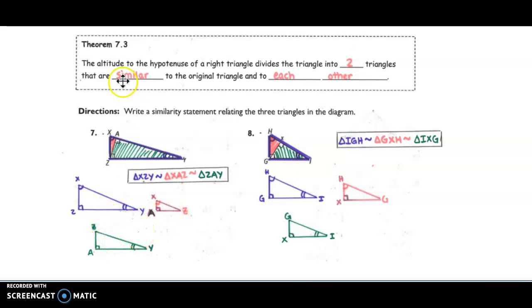The altitude is a line from a corner that goes across to the other side and creates a 90-degree angle. Altitude always implies 90 degrees.